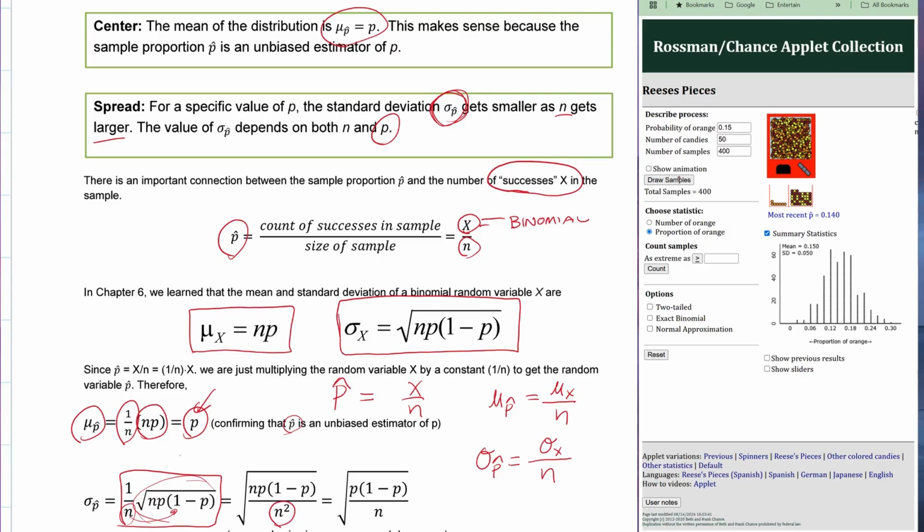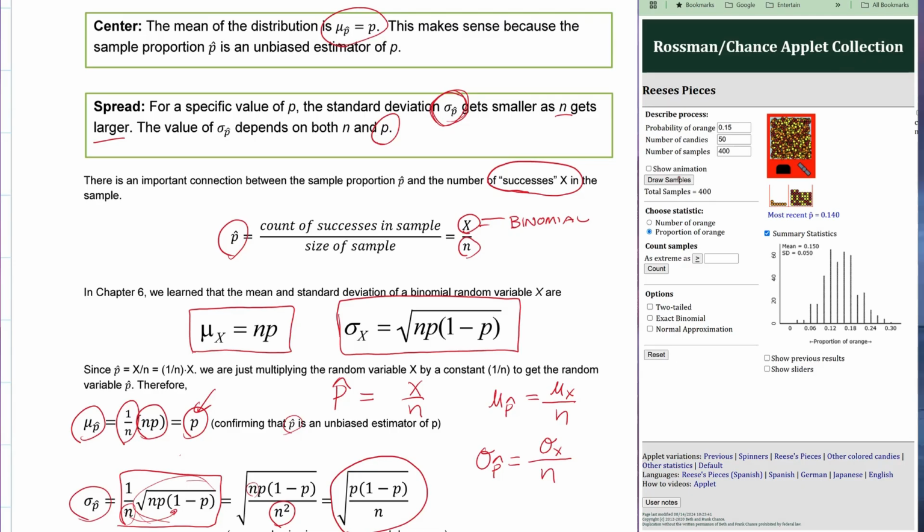This is all algebra 2 stuff. And then we have an n on the top and an n squared on the bottom. We can do some cancellation. We get the square root of p times 1 minus p over n. And that is our standard deviation for p hat.